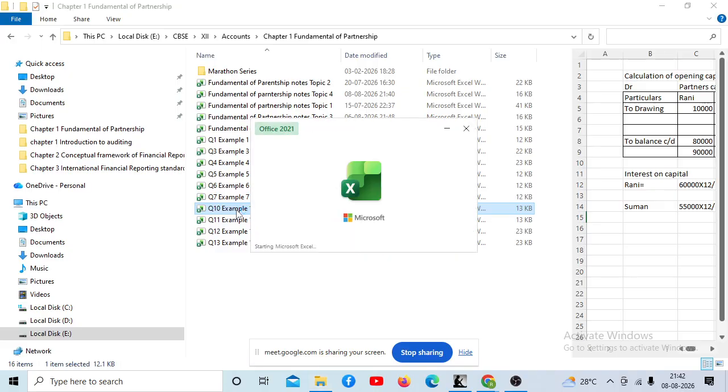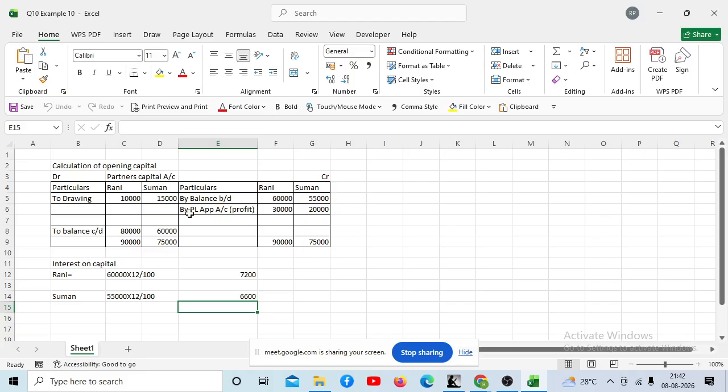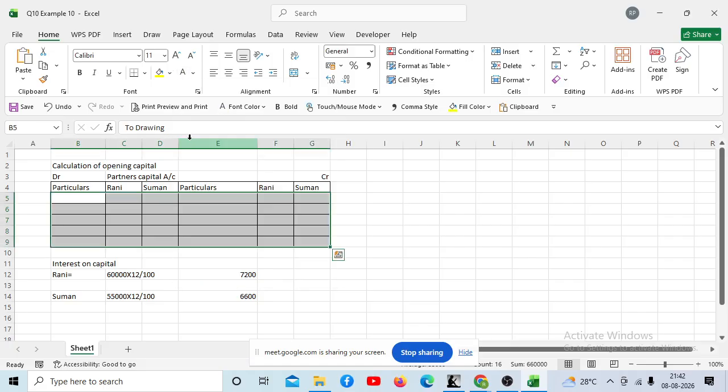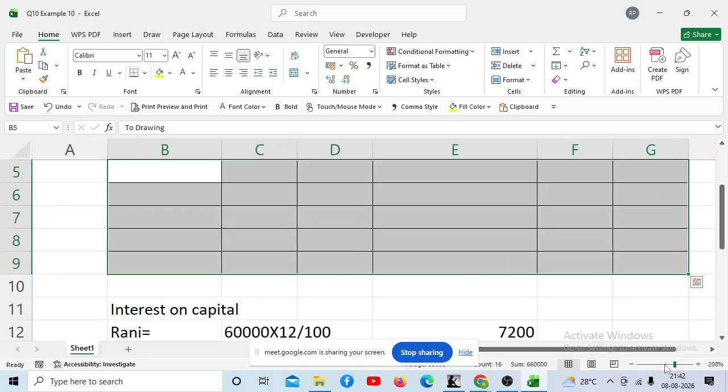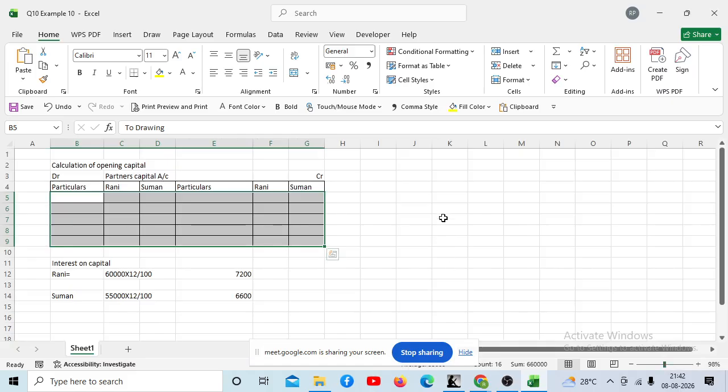Just draw these columns of partners' capital, and after drawing the columns, please prepare the golden box also. First draw these columns, and after that prepare the golden box also. I hope you remember it now, or shall I show it to you?